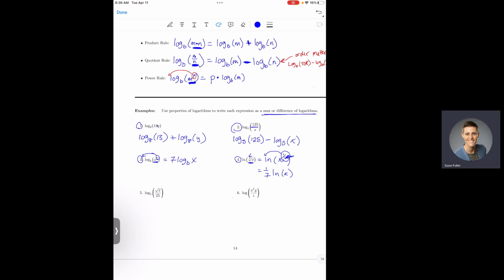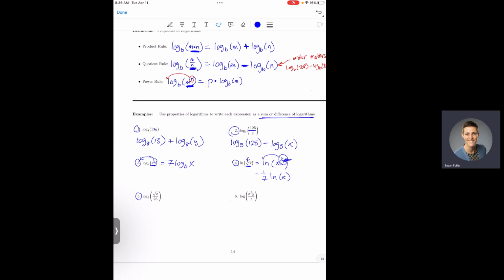All right, let's keep moving. Now we're going to get into more complicated things. So number 5, log base 5 of the square root of x divided by 25. So here we've got division happening inside, but we also have a power happening inside, right? Because this is log base 5 of square root of x. That's a power.